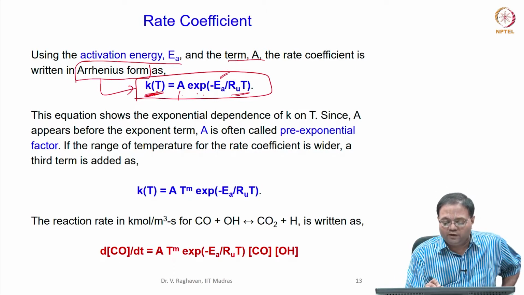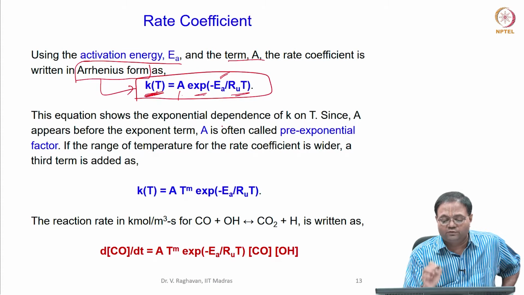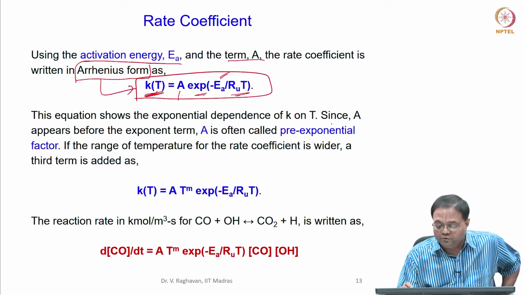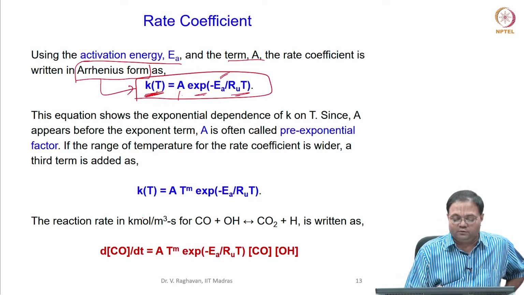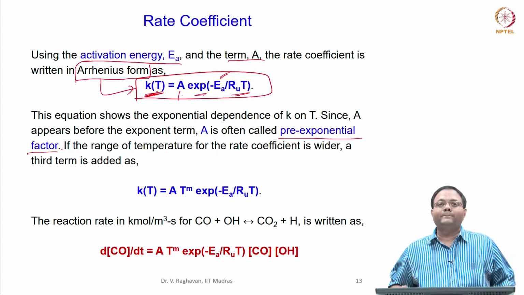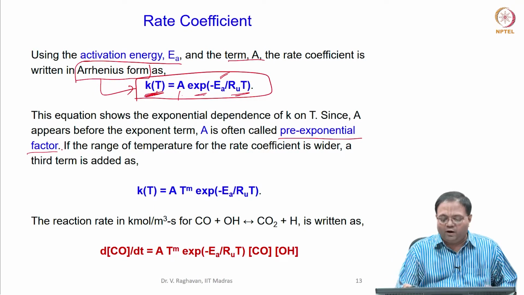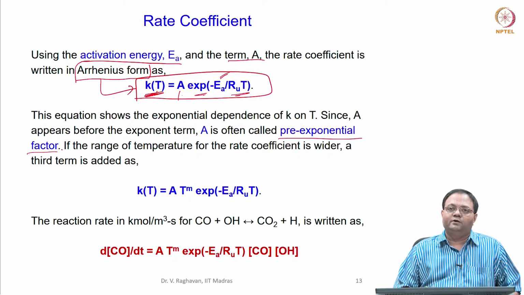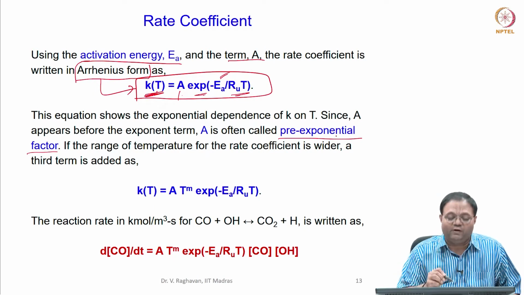So, now the exponent term is here. So, the dependence on temperature is very strong due to this term. Okay, now, since A appears before the exponent term, A is called pre-exponential factor. That is all. Just because it is just before the exponential term, it is called pre-exponential factor.